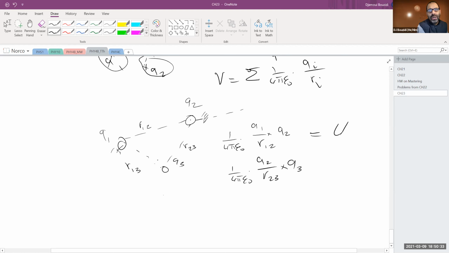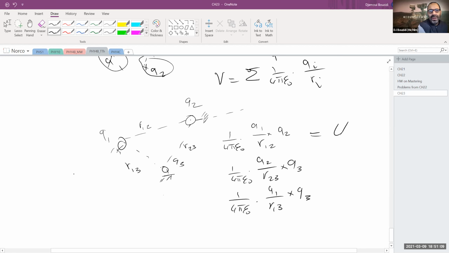Furthermore, this charge creates a field in here that is 1 over 4 pi epsilon naught times Q1 over this distance R13 times Q3. So this is how much energy it takes to assemble 3 charges. You can see if I fix this charge now and let go of it, it's going to fly. And it's going to release this whole energy into kinetic energy. Now, if I release everything, it's going to fly every which way, and it's going to release this many joules in the form of kinetic energy.